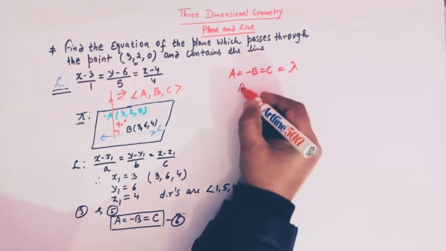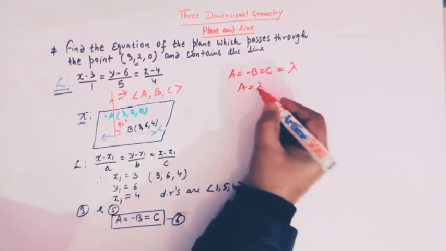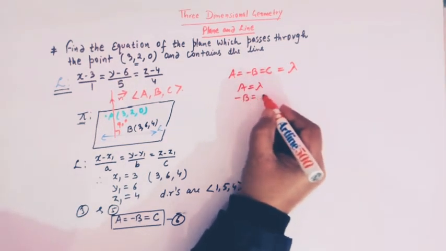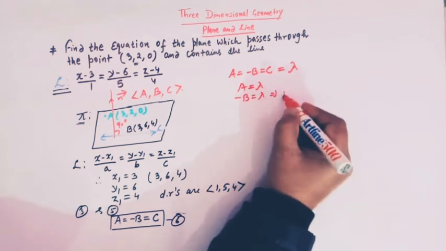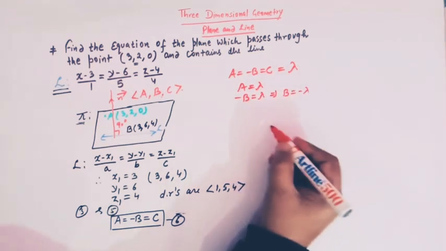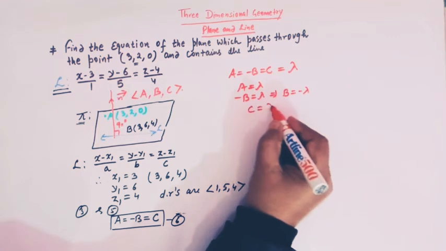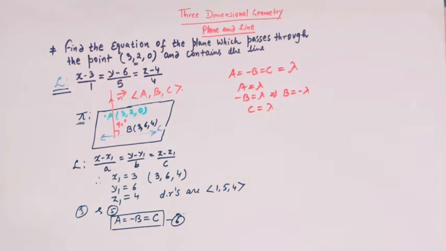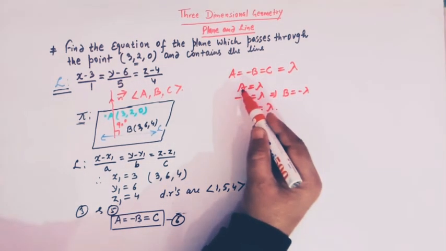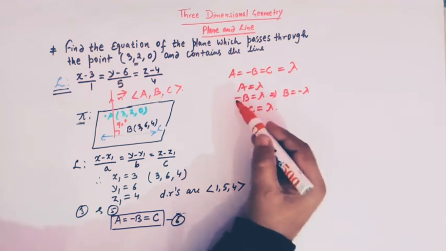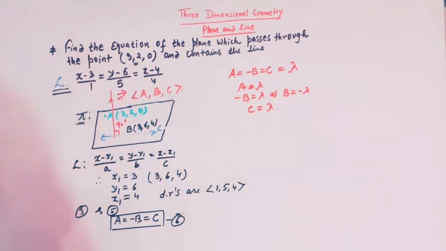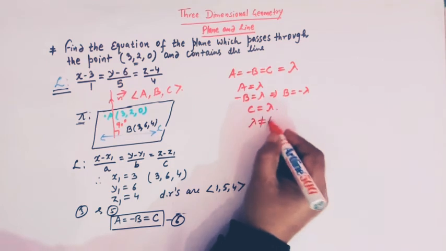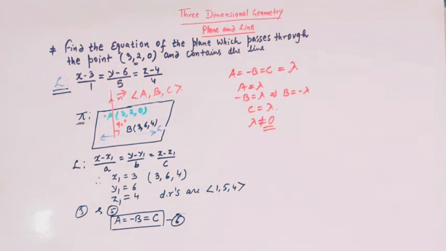So A is equal to lambda and minus B is equal to lambda, so this implies B is equal to minus lambda and C is equal to lambda, right? So now we have expressed A, B and C, which are the direction ratios of the normal to the plane, in terms of lambda, where lambda is some scalar and lambda is not equal to 0, right?